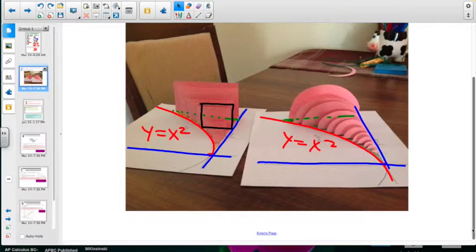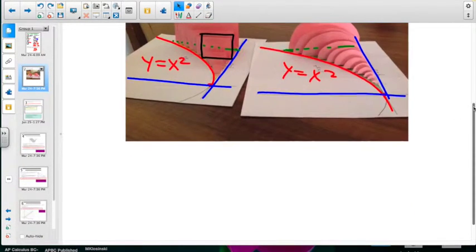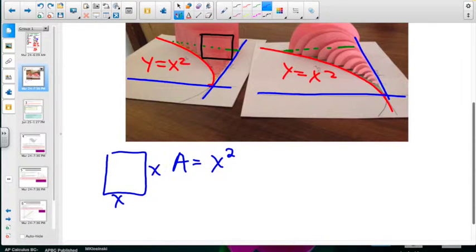So looking at this then, going back to that page, if we look at the square, the area of a square is what? What did we just find the area of the square as? If we take a look at this, what is the length of this side now? How high the function is, which is x squared.